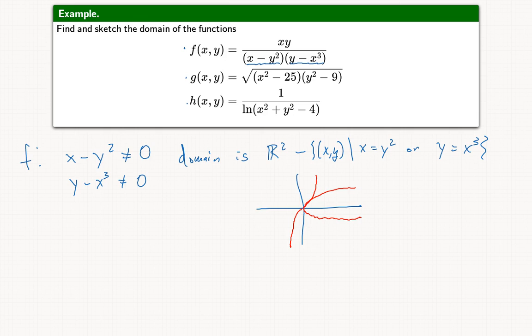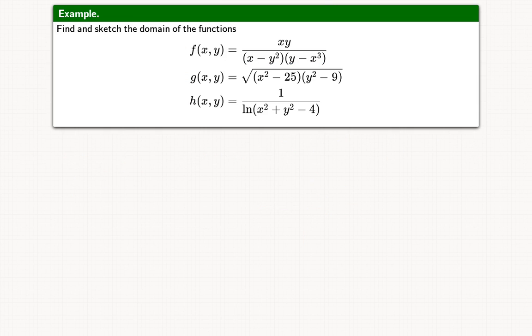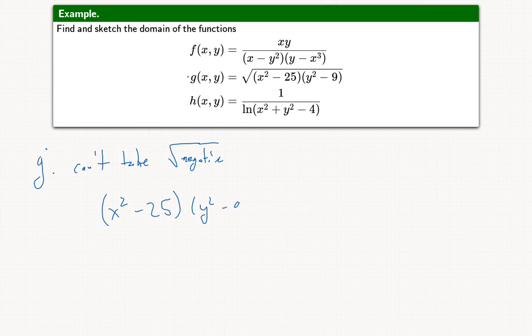Then for g, I'll erase this. So for g, we can't take the square root of a negative. So we need x squared minus 25 times y squared minus 9 to be greater than or equal to 0. Now this can happen one of two ways.